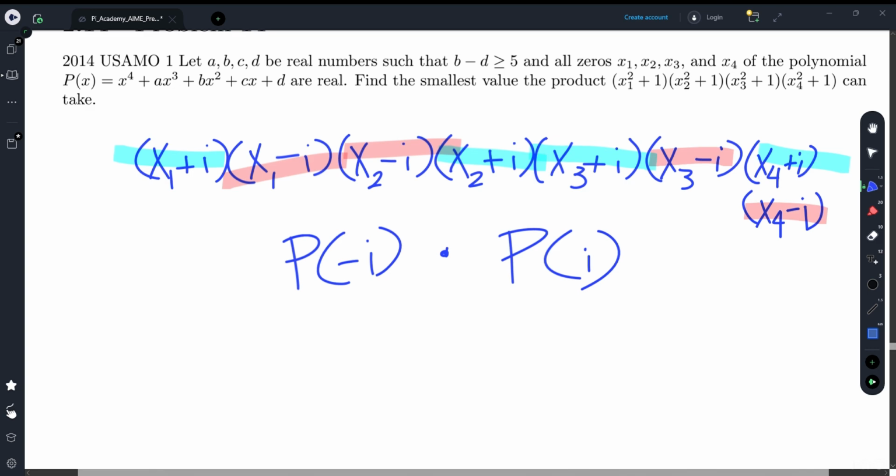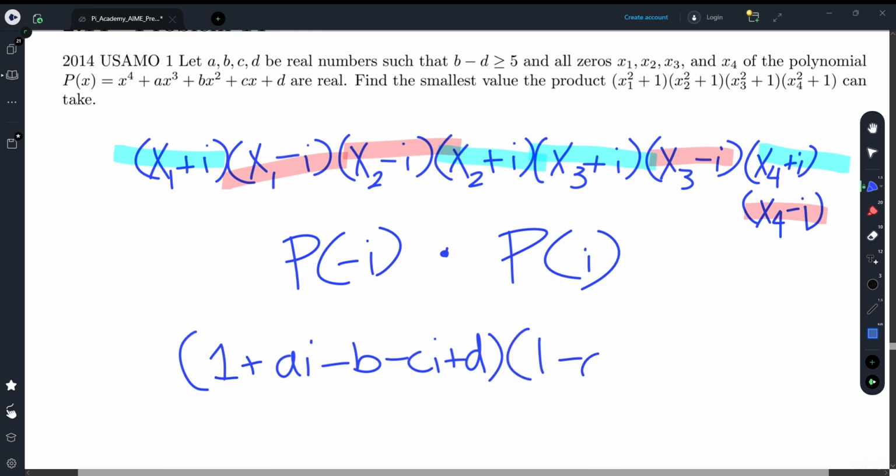And so plugging in, we get i to the fourth, which is 1, plus i cubed, which is just i, but it's p of negative i, so minus, b minus ci plus d. And the second one is just reversed coefficients.